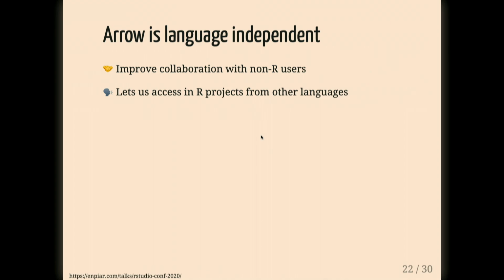That really helps us with collaboration with people that, for whatever reason, aren't using R. And it also gives us an on-ramp to access all of these other projects that use Arrow as their core representation, but that are not implemented in R.